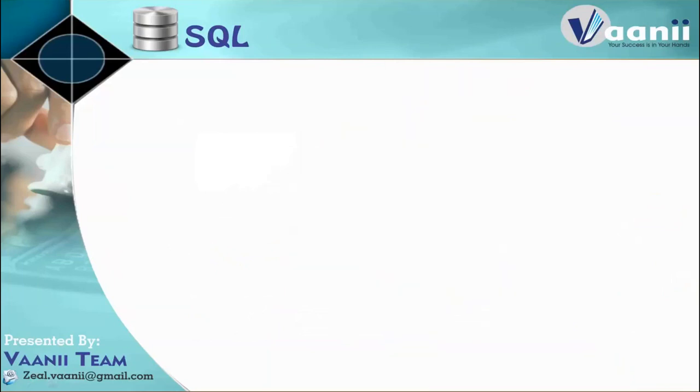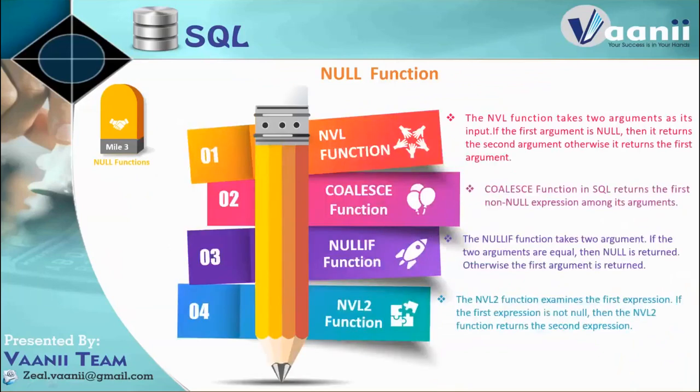What the NVL function does, I have shown you in a quick way: NVL takes 2 arguments, and if the first argument is null, then it will substitute the second value. The limitation with NVL is it can take only 2 arguments. In our previous example, I can use NVL for the commission percentage, so that when commission percentage is null, we substitute 0.